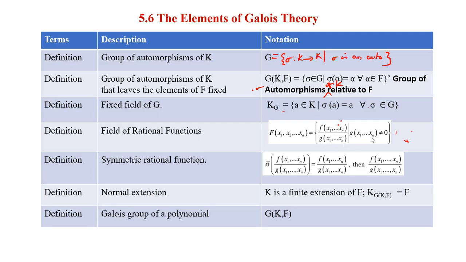Whenever we have f by g, g should not be 0. So this collection is the field of rational functions. The proof and all we are not going to have, because somewhat similar to that in section 5.1 itself we have established. So that part we are not going to have, but such an expression is called the field of rational functions.